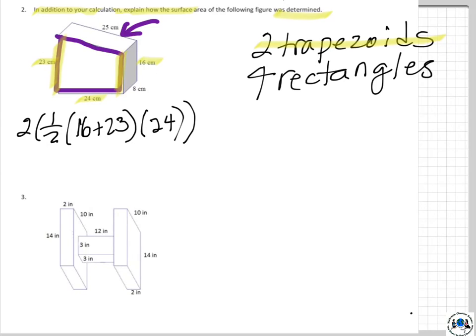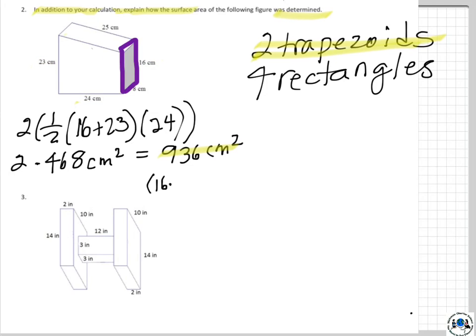So it's one half the two bases, a plus b. We often say a base plus b base times the height. Hopefully you got that, and maybe looked back in your notes. So that is going to be 2 times 468, which is 936 square centimeters for those two trapezoids.